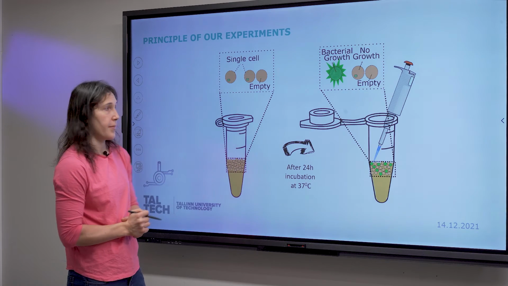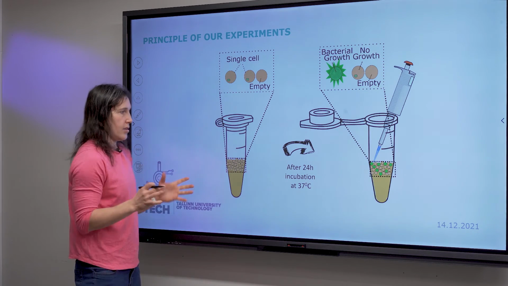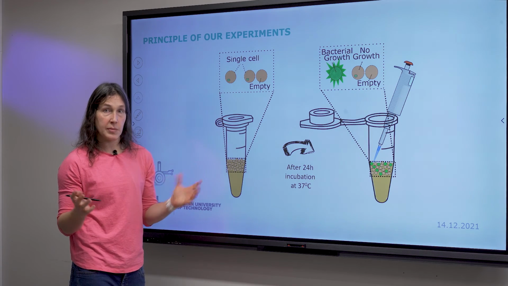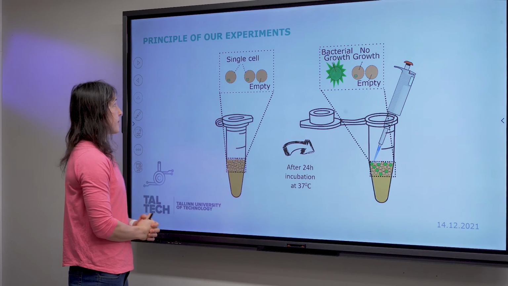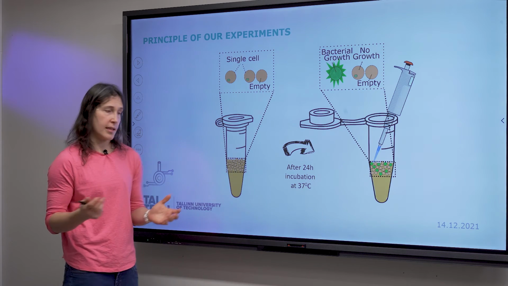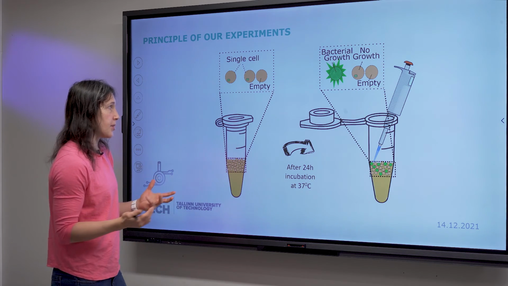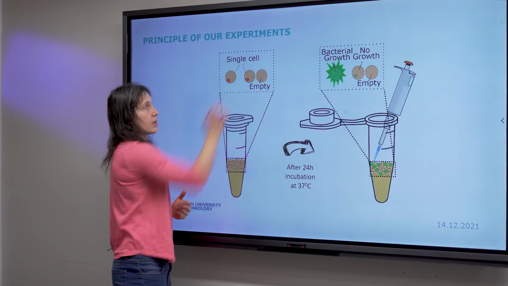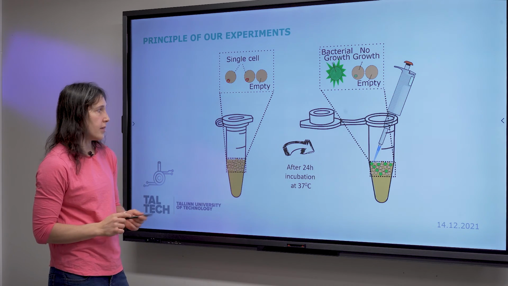All right, but finally, how does this kind of experiment actually look? So we will take a look at that. In the beginning, as I said, we encapsulate one cell of this bacterium.